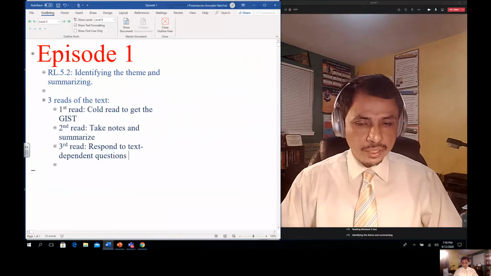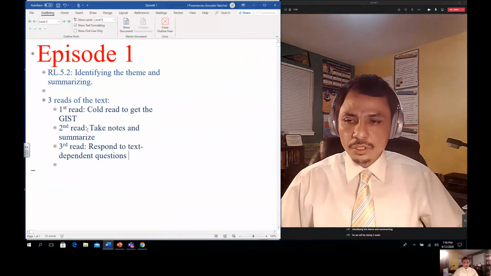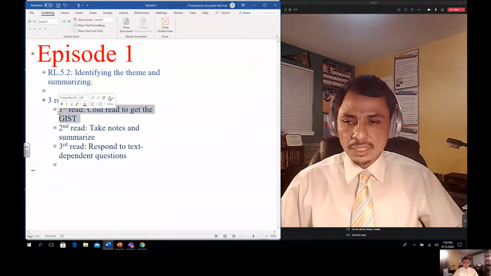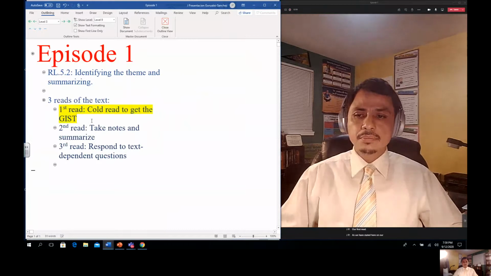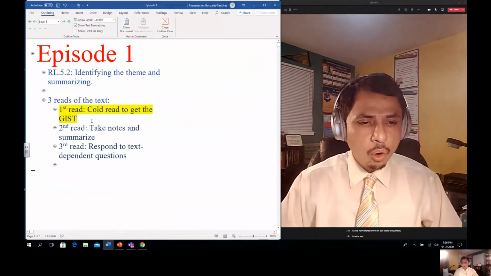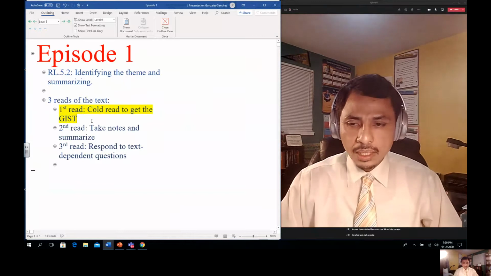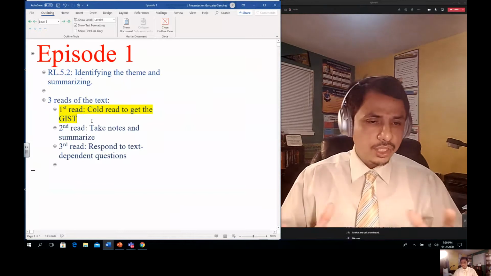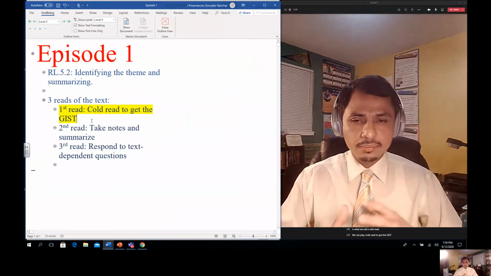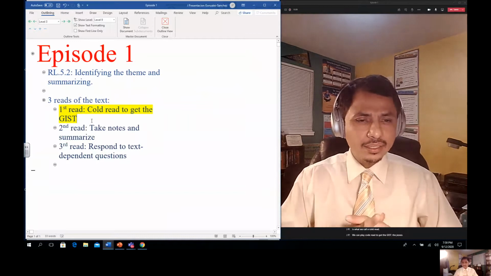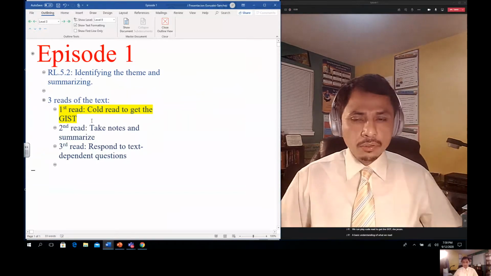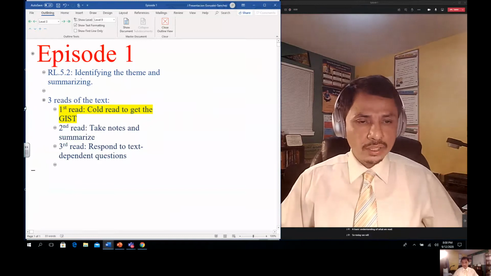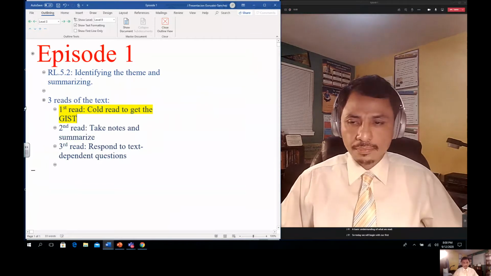So we will be doing 3 reads. Our first read, as we have stated here on our Word document, is what we call a cold read. We complete a cold read to get the gist. The gist is a basic understanding of what we read. So today we will begin with our first read of the story.